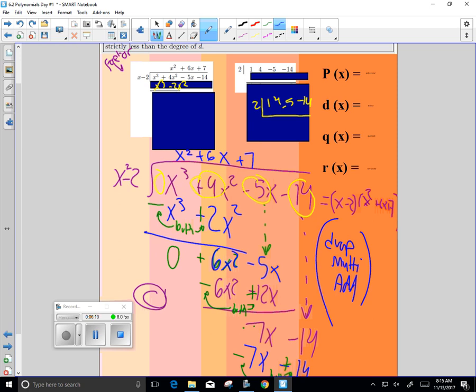So you're going to drop this 1 down, and then multiply 2 times 1, and add 4 plus 2 is 6. You multiply, 2 times 6 is 12. By the way, does that 12 look familiar? You add those up, 12 minus 5 is 7, and then multiply, 2 times 7 is 14. What's negative 14 plus 14? 0. So this means it factors out.